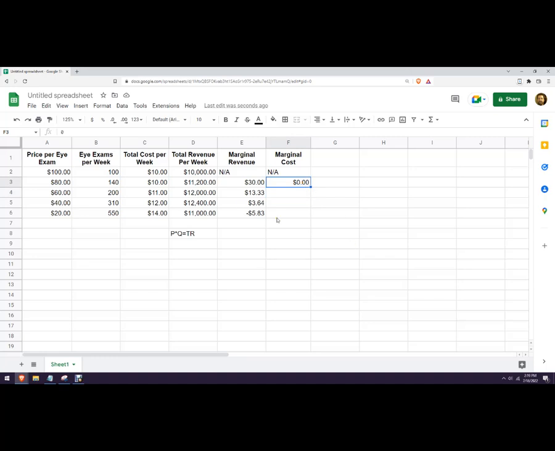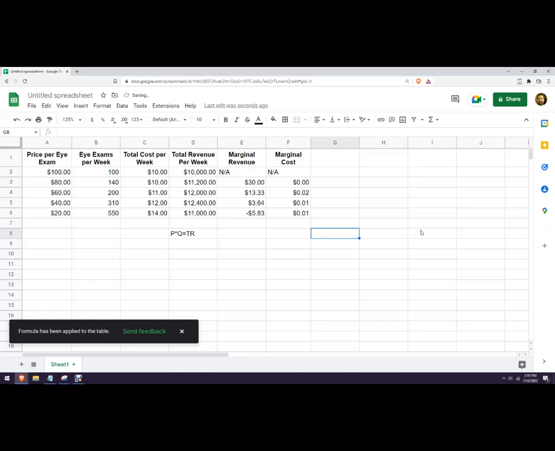I guess it wouldn't get cranky if you did it right. So this minus this, which is going to be 0, and then again we're going to divide that by, put in parentheses, this minus this. Okay, and then just autofill all the way down.